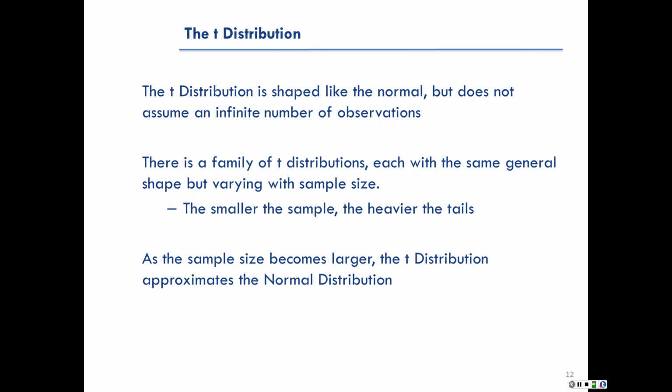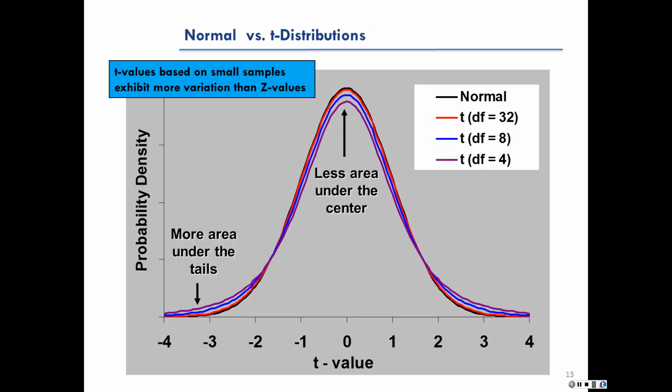So the t-distribution is shaped like the normal distribution, but it doesn't assume an infinite number of observations like the normal distribution does. There's a family of t-distributions, each with the same general shape, but varying slightly in the tails with sample size. So the smaller the sample, the heavier the tails of the distribution gets. As the sample size becomes larger and larger, though, the t-distribution more and more approximates the normal distribution.